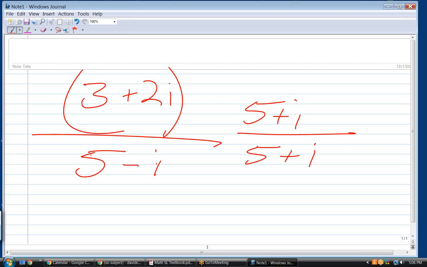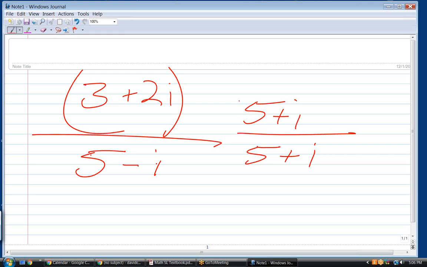The top will remain imaginary, but complex numbers are like irrational numbers. Mathematicians don't like to divide by them. So you will never see an answer that has an imaginary number in the denominator. It will always be what you might call rationalized, or what I prefer to call realified.